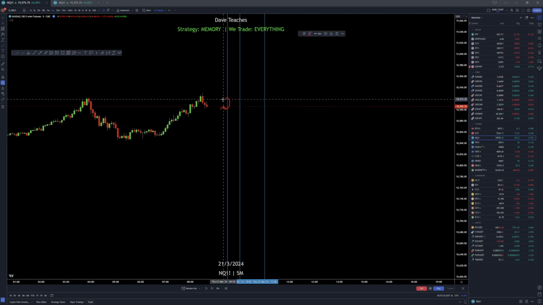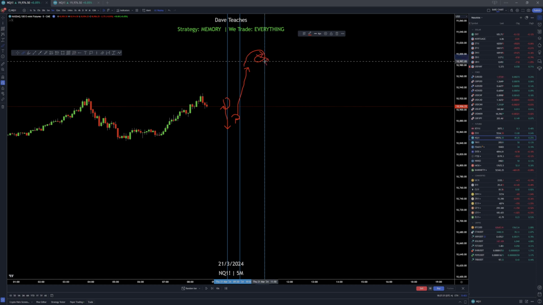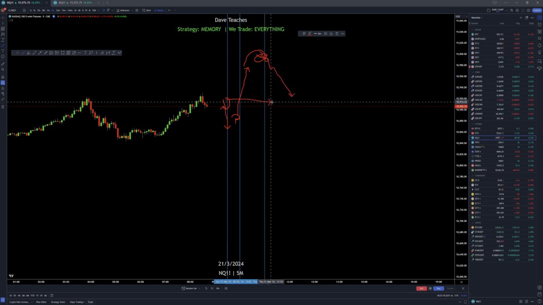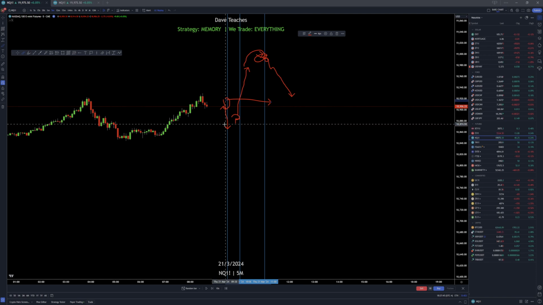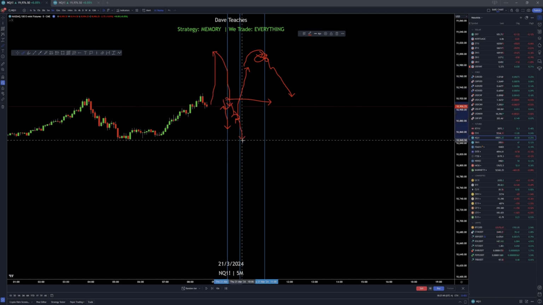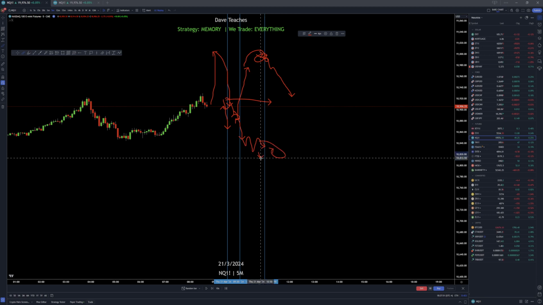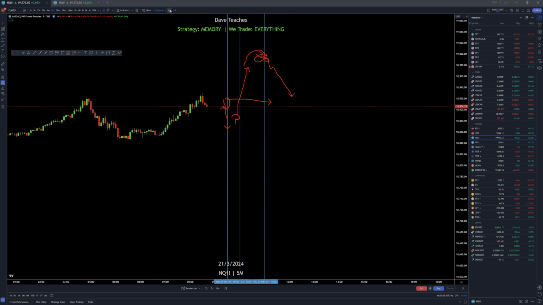So here's 9:30. If that goes down, here's 10. If that goes up, here's that 11. It moves back to 10. So it'll be like that. Or the same thing vice versa. If 10 comes down, and then 11 o'clock we're here, we move back to 10 that way.